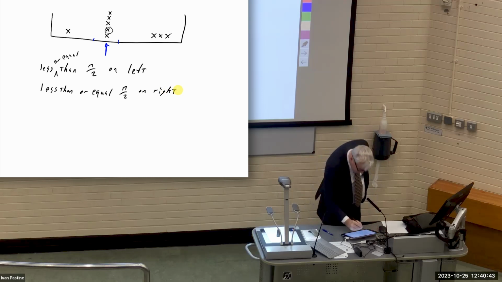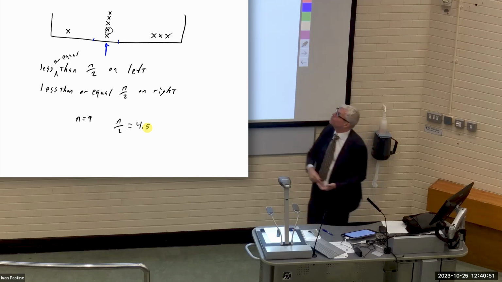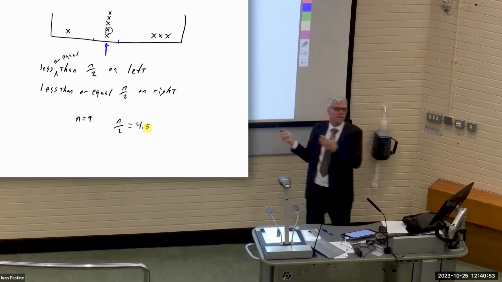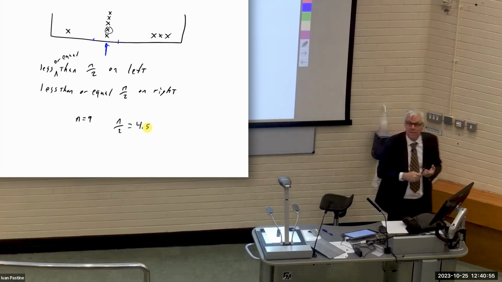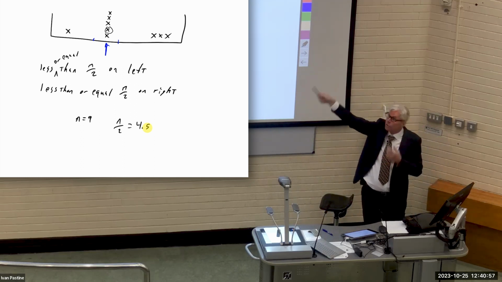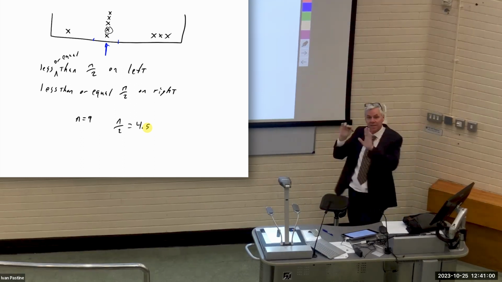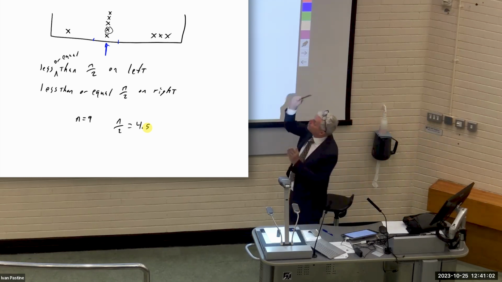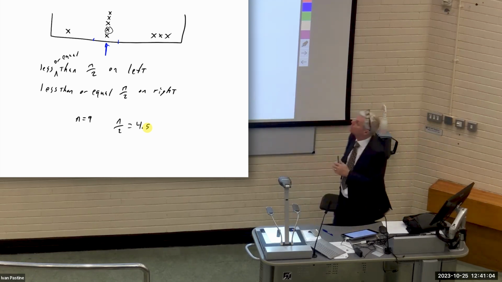Right? And so n in this case is 9, and so n over 2 is 4.5. So we need less than or equal to 4.5 on the right, less than or equal to 4.5 on the left. And that satisfies this. Right? So this would be our median hyperplane, in this case just a point, and it would be right there.